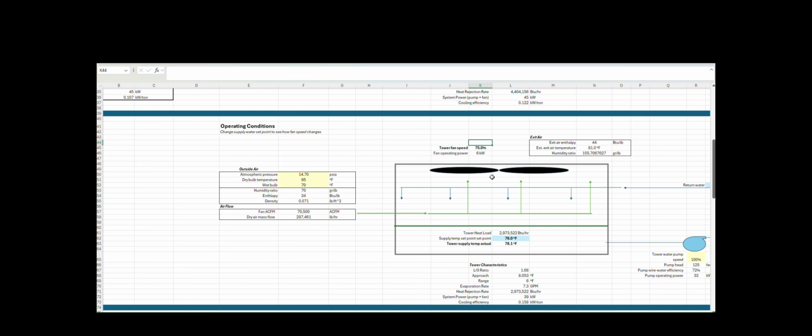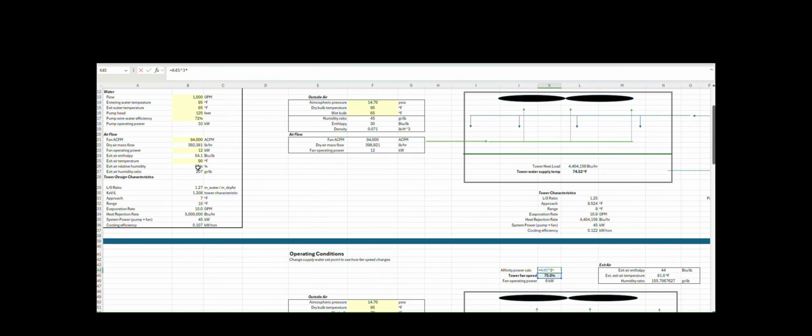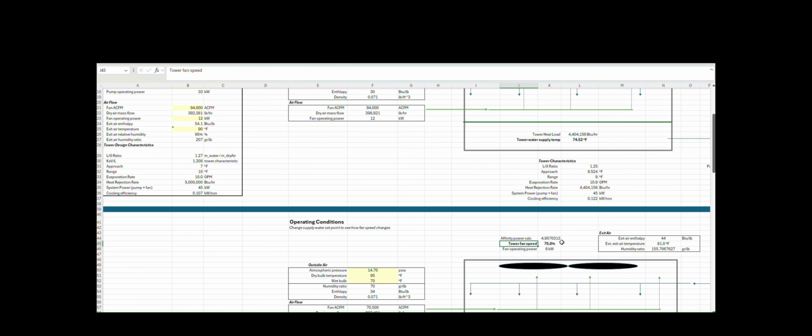If you just wanted to do straight up affinity laws, what you would do is say my percent fan speed to the power of 3 times my rated fan kW, which is this one. I would operate at that kW if I were to just straight up take the affinity laws.